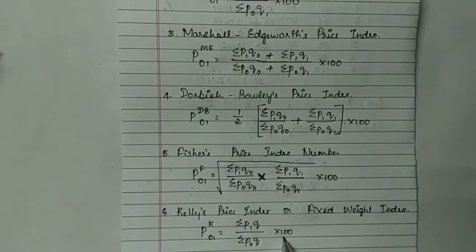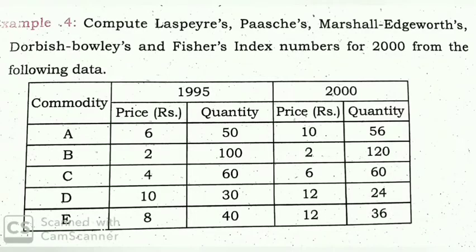So now let us solve problems on weighted index numbers based on weighted aggregative. Let us start with the first problem. Compute Laspeyres, Paasche's, Marshall-Edgeworth, Drobisch-Bowley and Fisher's index numbers for 2000 from the following data. 1995 will be our base year and 2000 will be our current year.